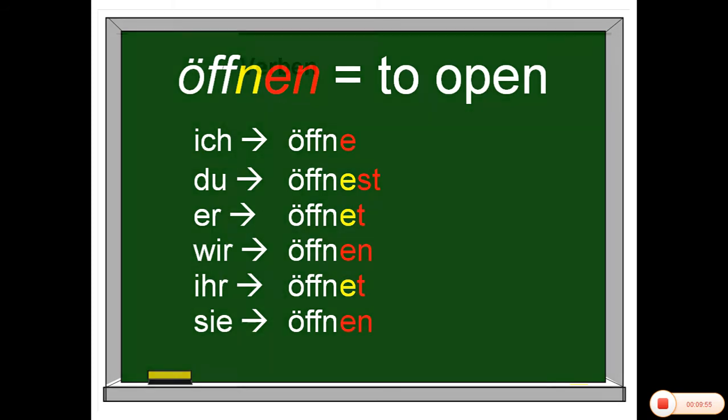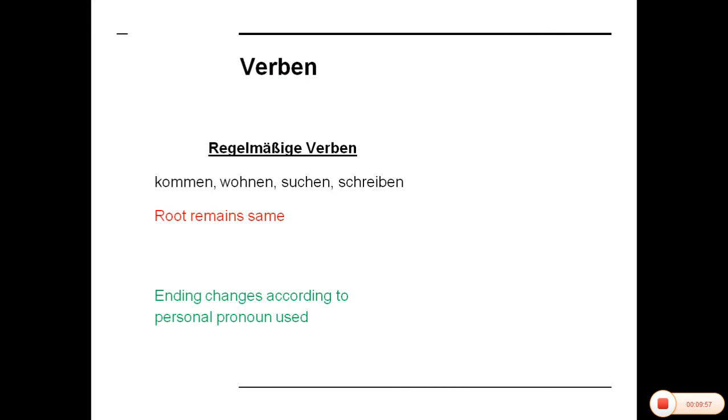Correct? Next one. Now let's see the difference. What we did so far was conjugate the regular verbs, regelmäßige Verben. What did we do there? We changed the ending and the root remains the same everywhere, right?